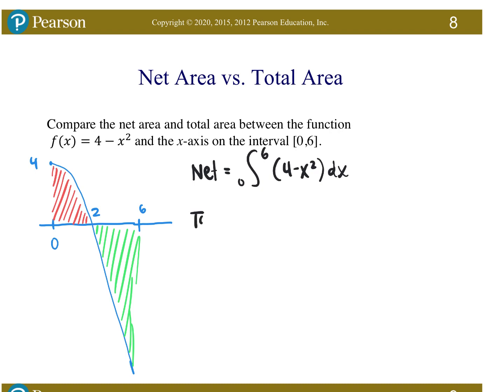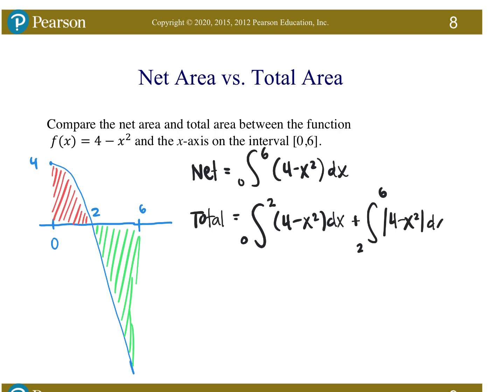And then when we do total, we would set it up and break it up into 2 integrals. Our first integral would go from 0 to 2, and it would use parentheses. And our second integral would go from 2 to 6, but it would use absolute values. Okay, so we set that up like that.